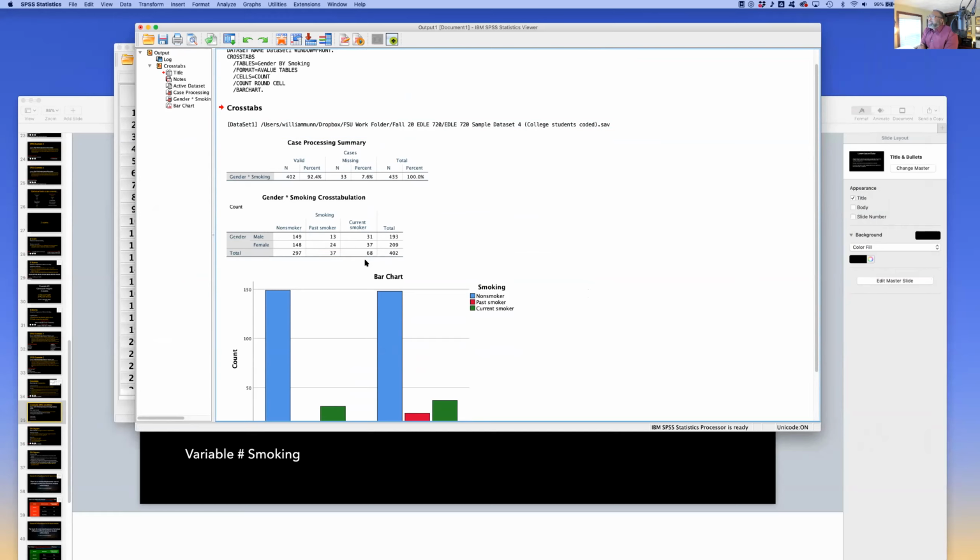So, how many males have been past smokers? 13. How many males are non-smokers? 149. And how many females responded to that question? 209. Is there any way to make it bigger? I can't read the numbers.